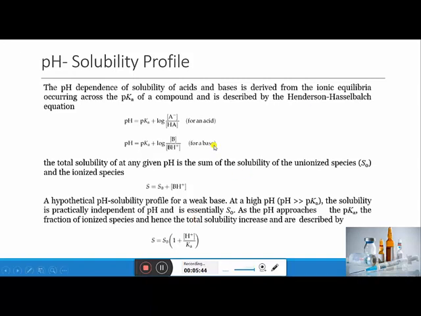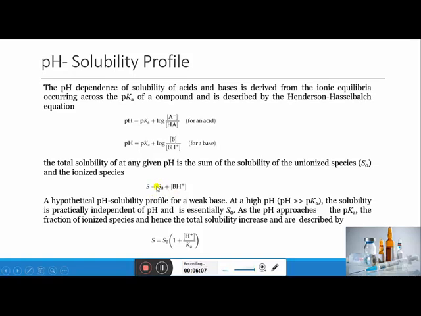This is the equation that can be used for determination of relationship between pH and pKa and their ionized and unionized behavior. If we take an example, total solubility at any pH is considered as the sum of the solubility of unionized species plus solubility of ionized species.